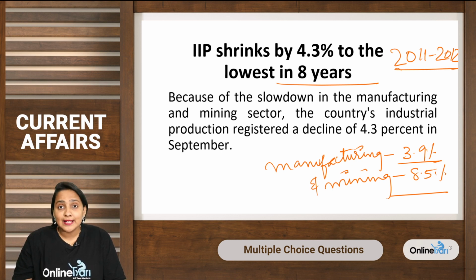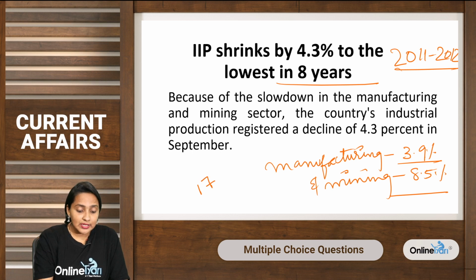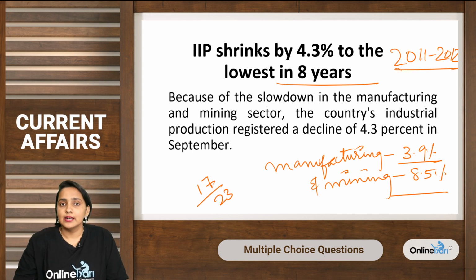The IIP estimate for August 2019 has been revised for the first time according to the updated data obtained from the source agencies. So 17 industries have declined in production out of 23 industrial clusters in the manufacturing sector. Almost 17 industries out of 23 have shown decline. So this has majorly affected IIP of September.